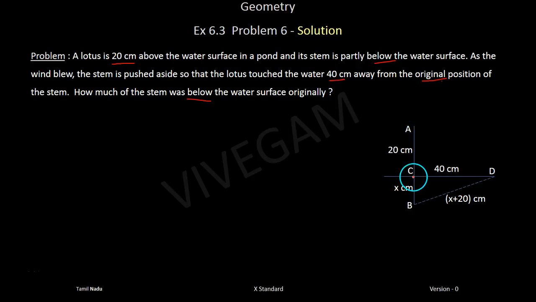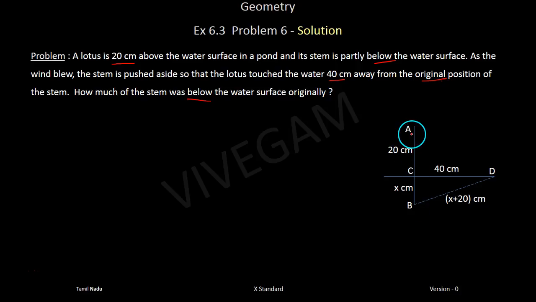So AC is above water and BC is below water. Let's put the dimensions. The lotus is 20 centimeters above water, so AC is 20 centimeters, and we are asked to find how much is below, so let it be x centimeters. So the total length of the stem will be x plus 20 centimeters.